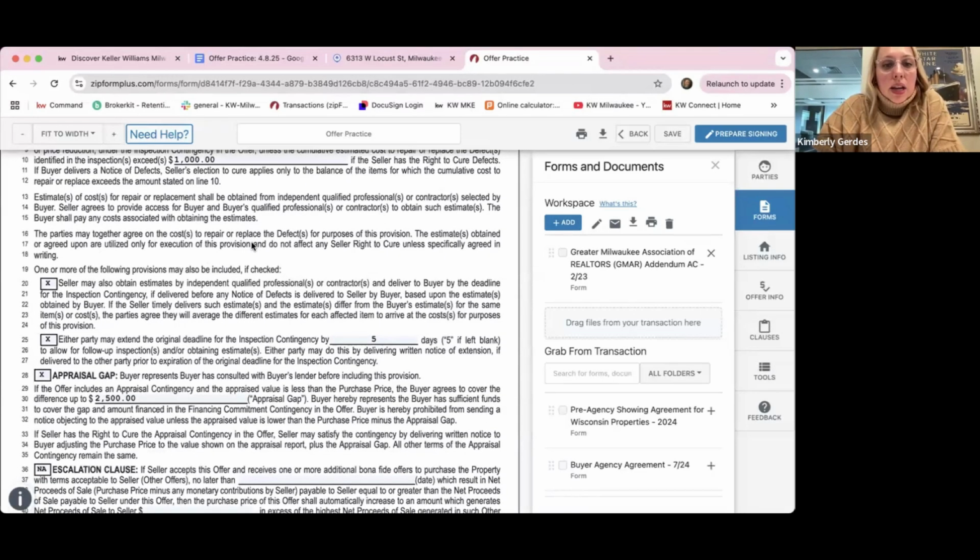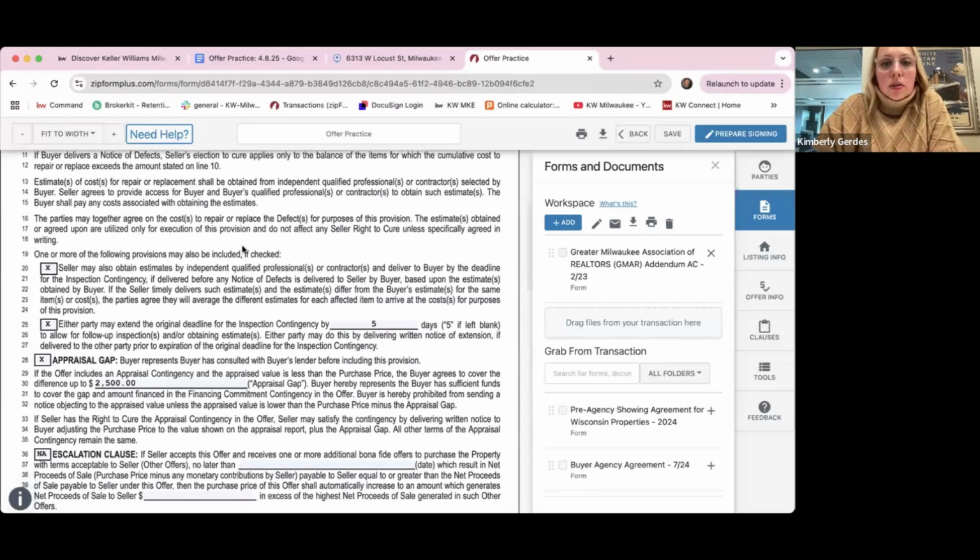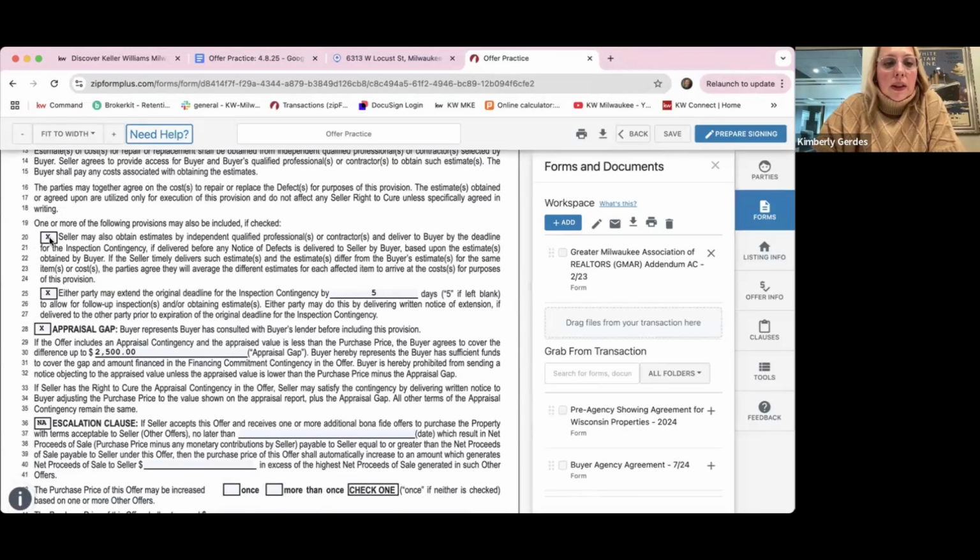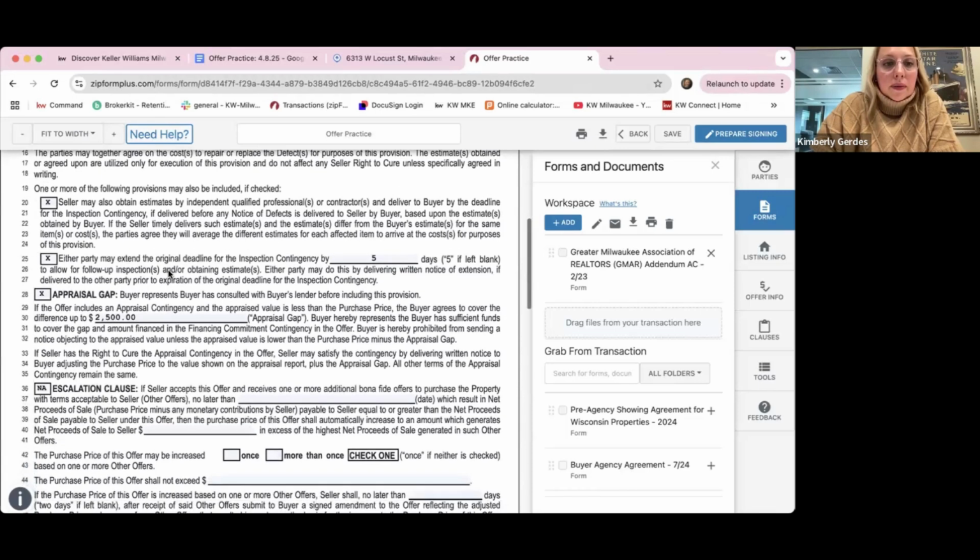And then the parties agree to the costs, and the estimates obtained are really only used for this specific provision. Now, when I check this box here, I'm also giving the seller the opportunity to get estimates as well. I don't really have a problem with that as a buyer's agent. The more information, the better to me. So if the seller wants to also get estimates, by all means, they can get estimates.